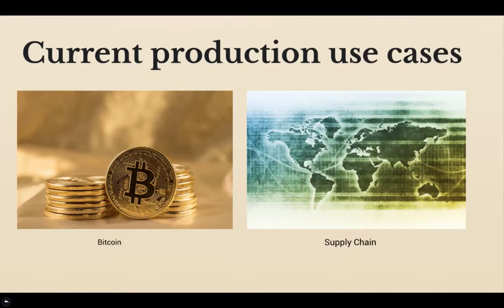When I worked for a manufacturer, we looked at the possibility of shipping something from the factory floor, and at every point in that supply chain, from when it leaves the manufacturing floor, to the distribution center, to the trucking company, to the logistics company that moves it from the distribution center to the store, to the receiving at the store itself, to the stocking on the shelf, to the point that it's sold to the customer, that item can be tracked via a distributed ledger across all of those participants in the supply chain.